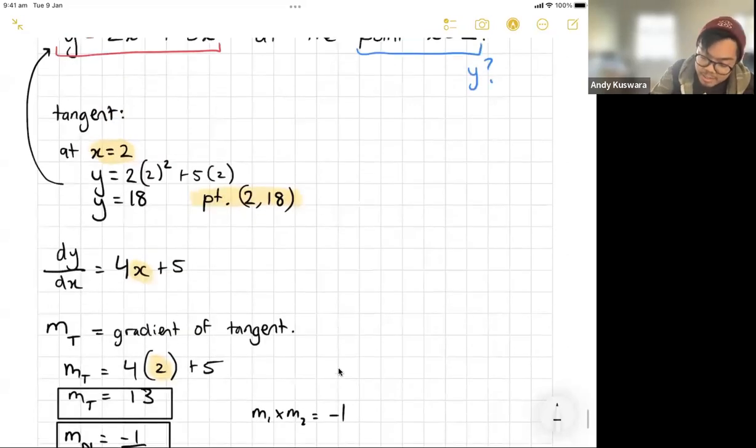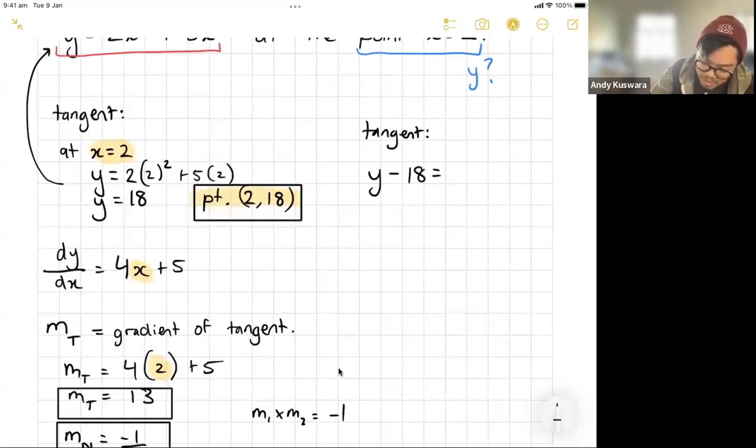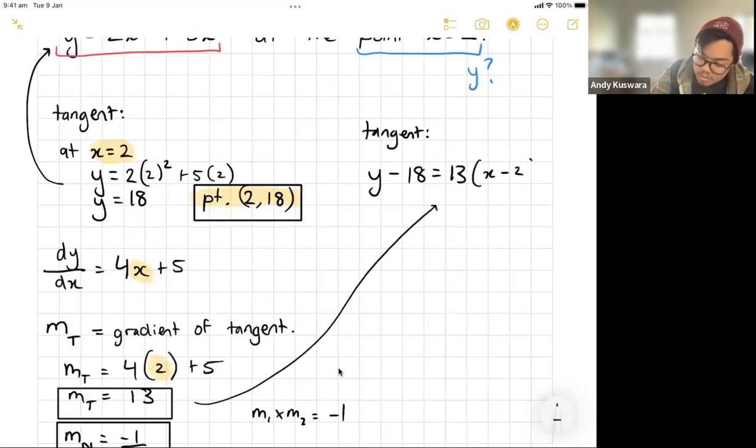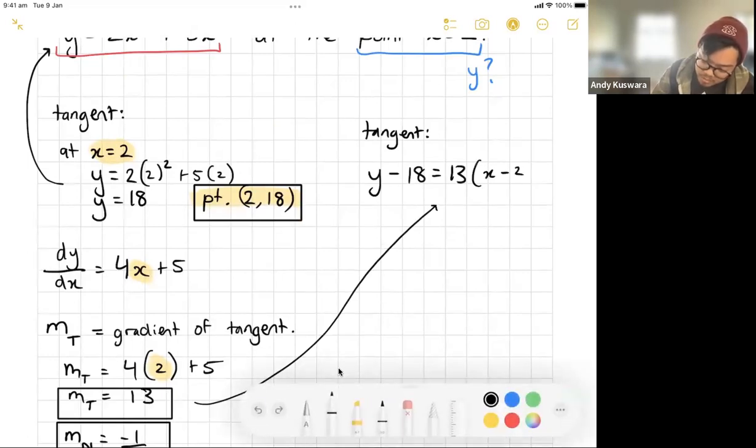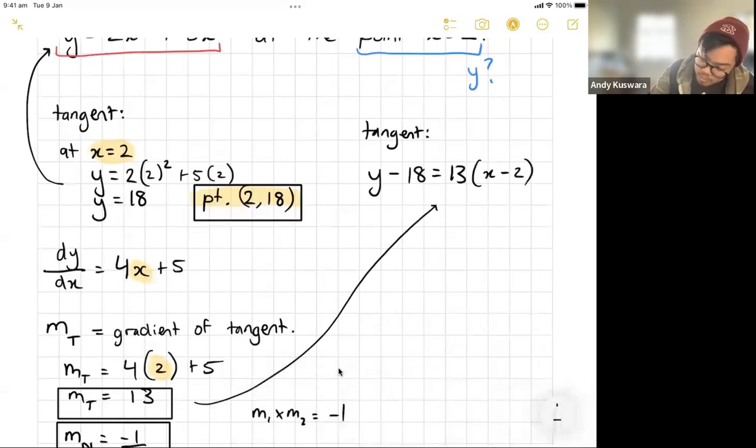So to find the tangent, which is what I said I'll do before, I'm going to go y minus y1, and again, it's going to be this point here. So y minus y1 equals m, and the gradient of the tangent is 13, times x minus x1, which is going to be 2. So in this particular case, x minus 2.